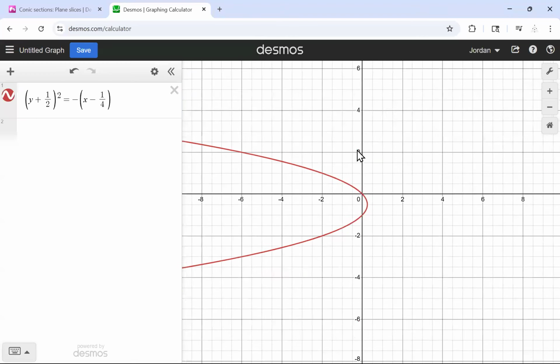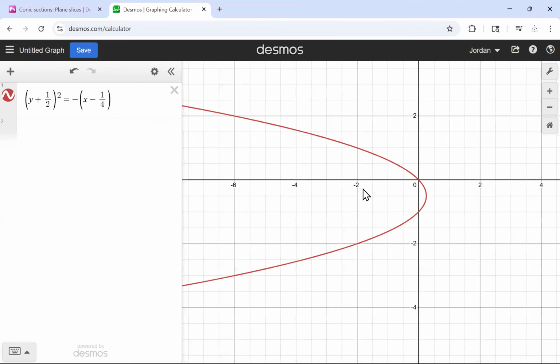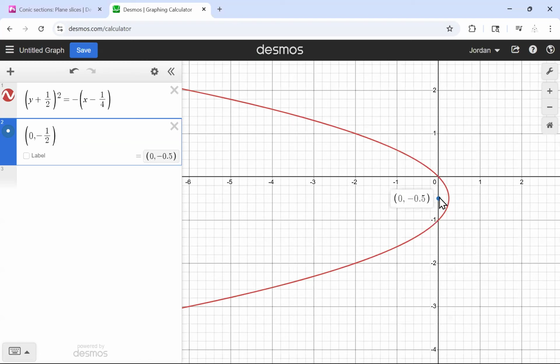So here it is graphed out in Desmos, although again, you don't have to do this by any means. Just so that we're all on the same page, like we said, the focus is (0, -1/2). So it's that point in here.